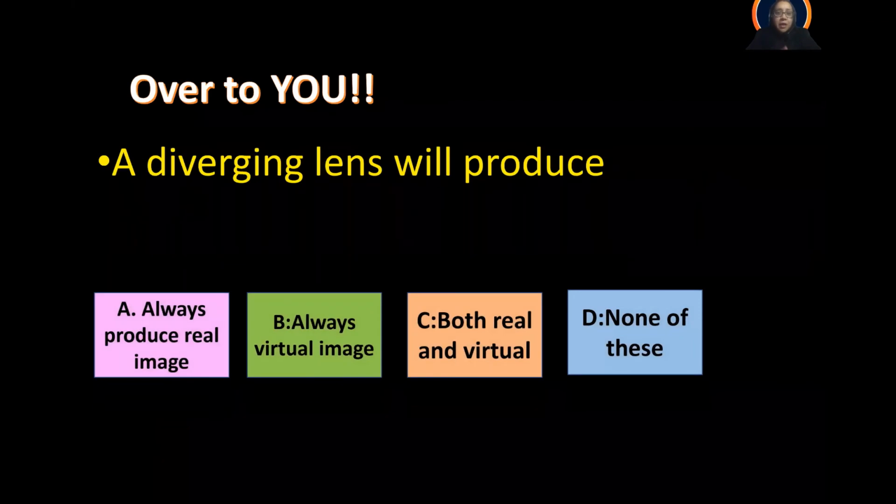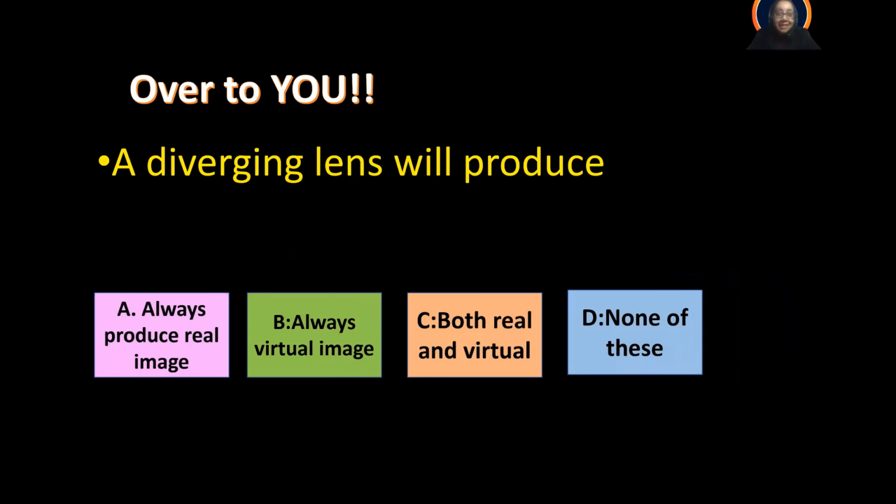Next question: a diverging lens will produce what type of image? Does it always produce a real image, always produce a virtual image, can it produce both real and virtual, or none of these? Answer it in the chat.